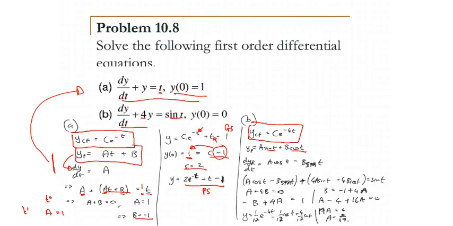I'm going to differentiate it. When I've differentiated it, I then take my differential term, put it into my equation, take my y term, put it into my equation, and then I can compare terms. This time you want to compare your cos terms here.